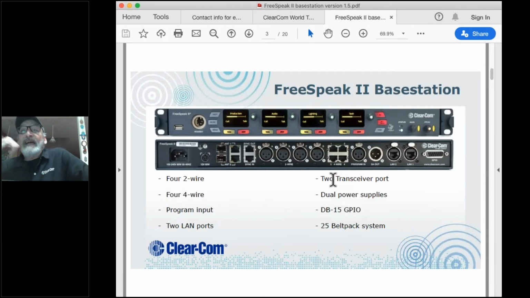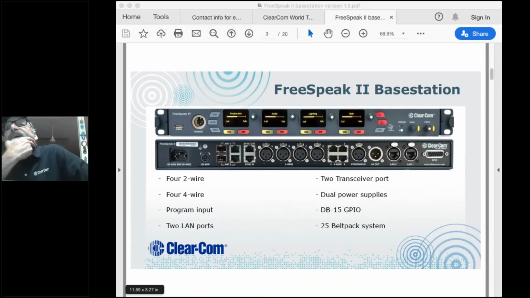That way, I've acted almost like a matrix would to be able to connect all these systems. All right, just to the right of that 4-wire quad, there's the program audio input, which everybody should be pretty familiar with. So that allows me to bring a program audio source into the system.